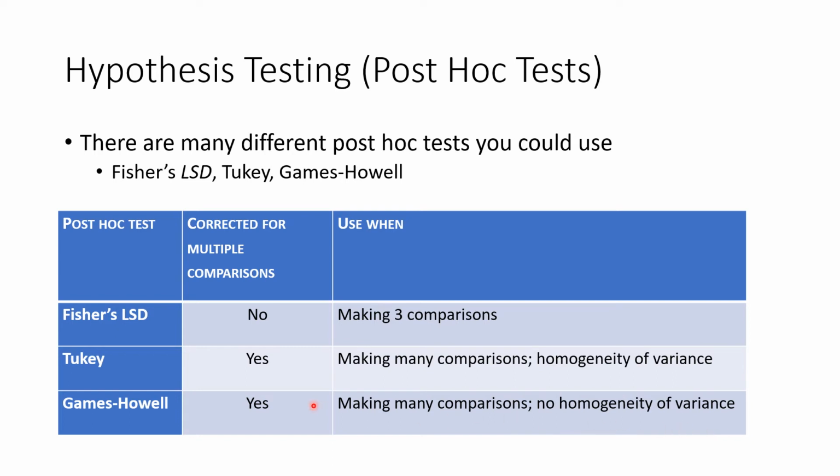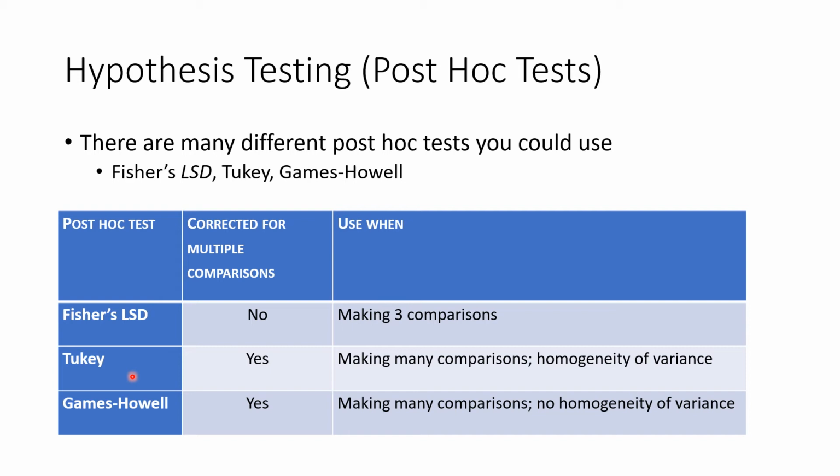To summarize this, if you're doing post hoc tests, a Fisher's LSD is always going to give you a smaller p-value than, say, a Tukey or a Games-Howell, because it's not making a correction for multiple comparisons. The corrections that these 2 make are by increasing the p-value.